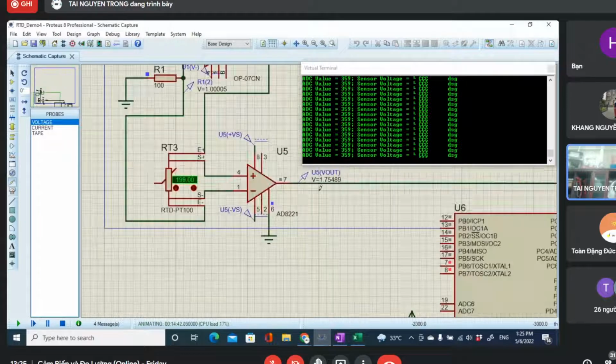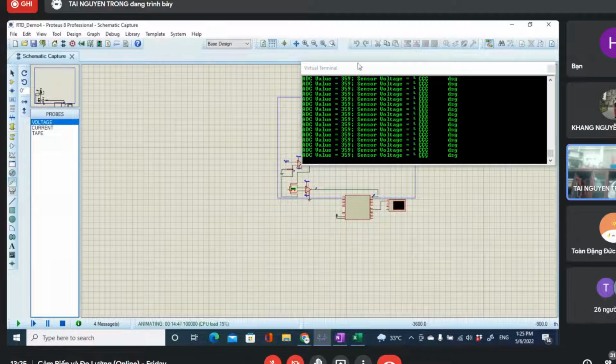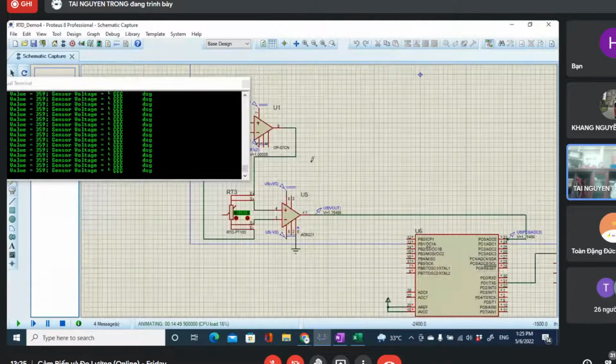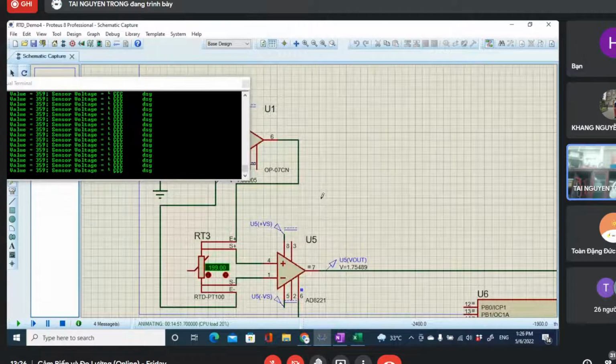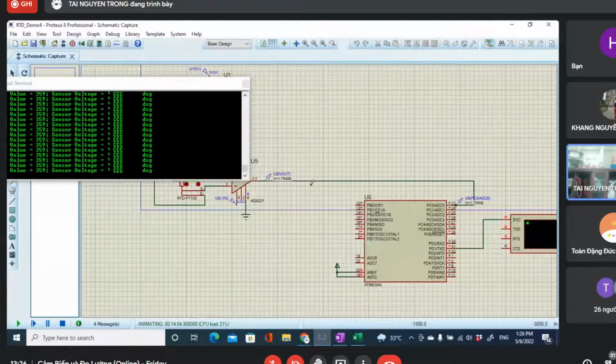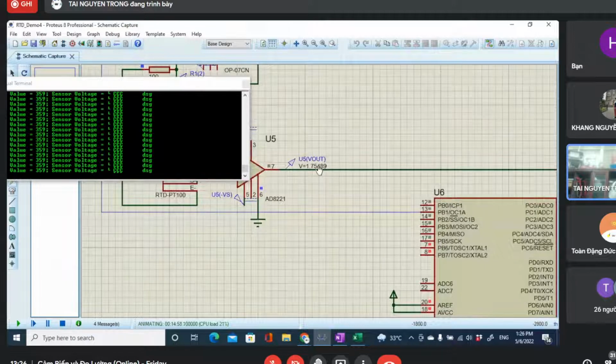Check this one. In this case, we will test amplifiers. Take the amplifier for the voltage. In this case, we can test the amplifier here.